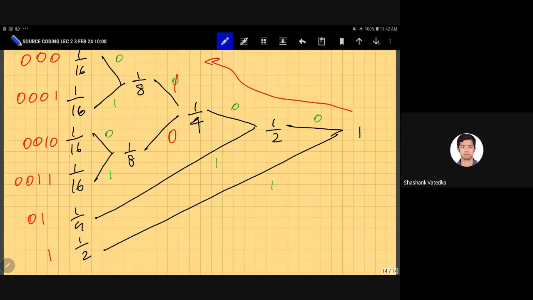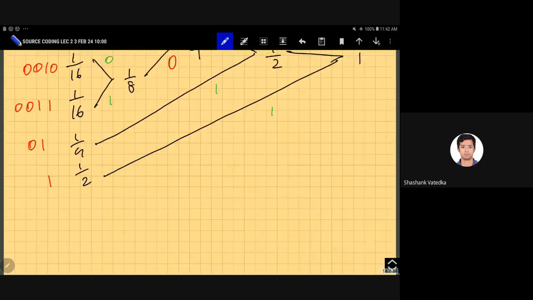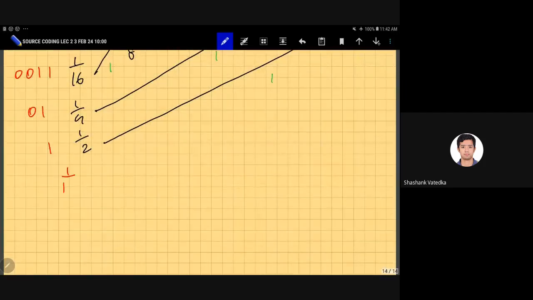Also, for a given set of probabilities, depending on which two symbols you decide to merge, you could have different codes. So for example, let's go back to one of the cases that one of you pointed out. Let's see, maybe something simpler.